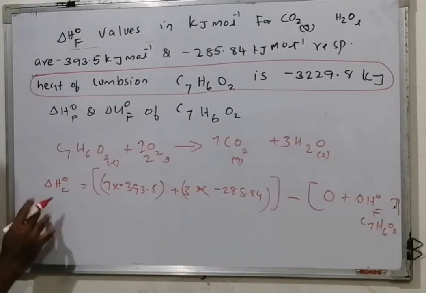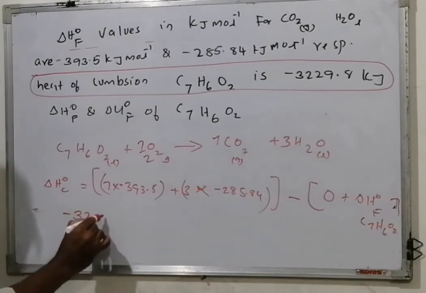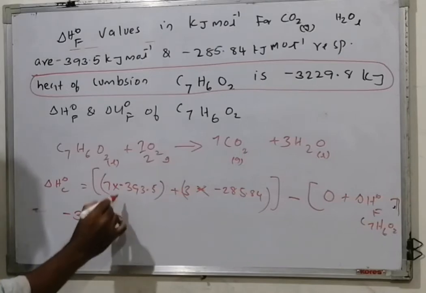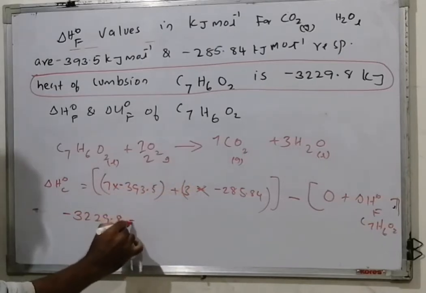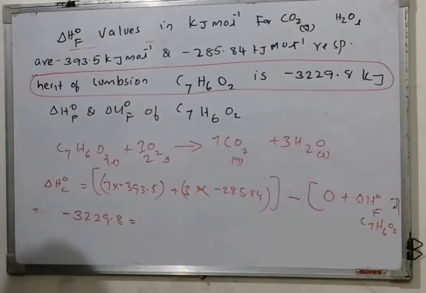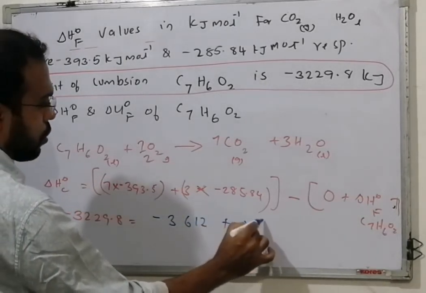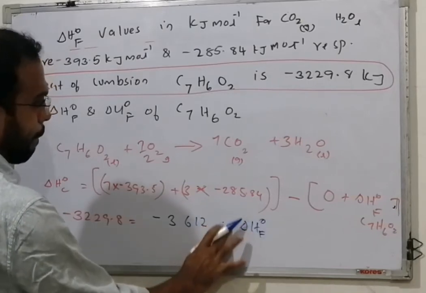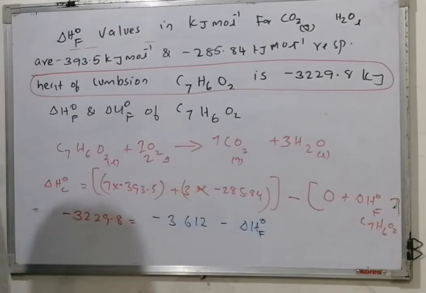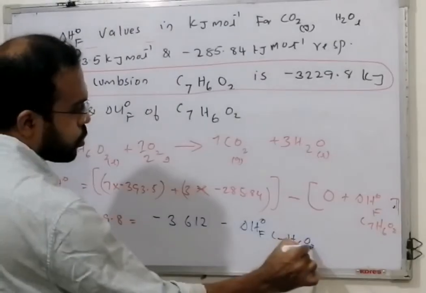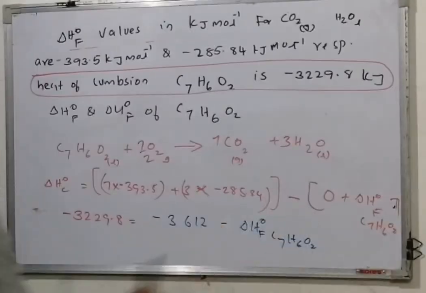This value is therefore minus 3229.8 is equal to minus 3612 plus delta H0 formation, minus delta H0 formation of C7H6O2.